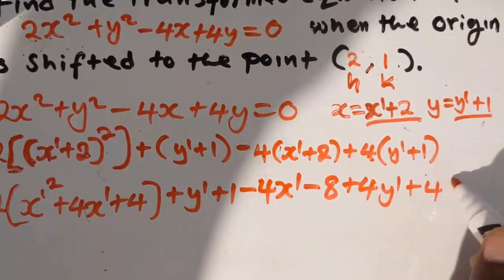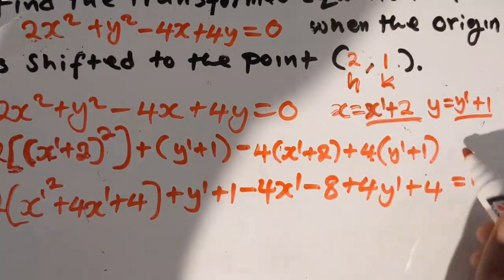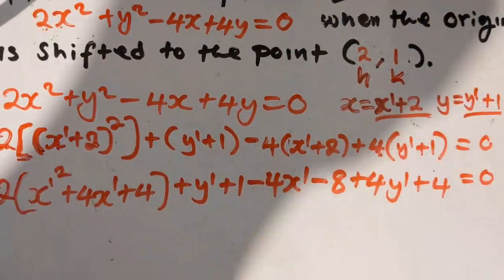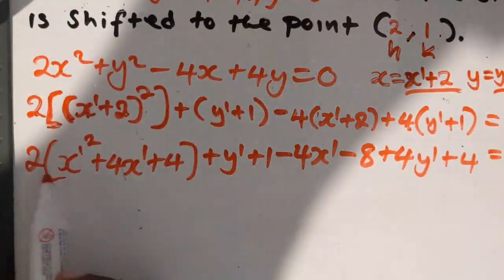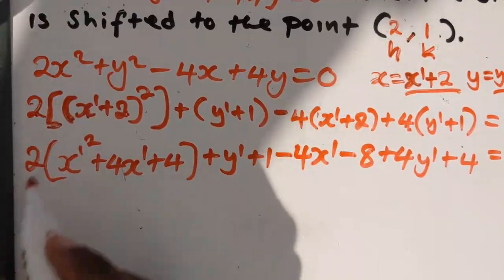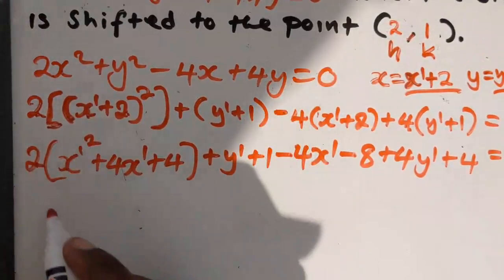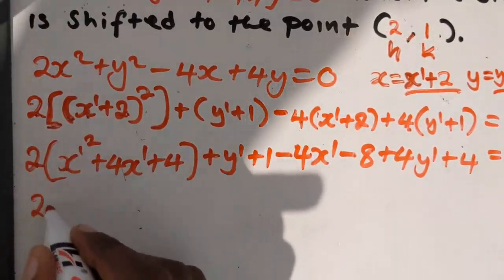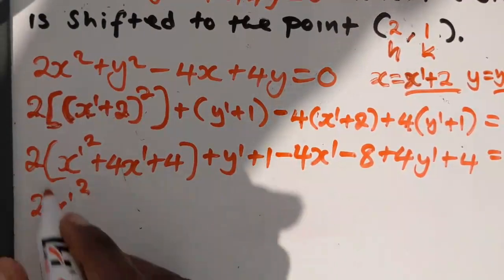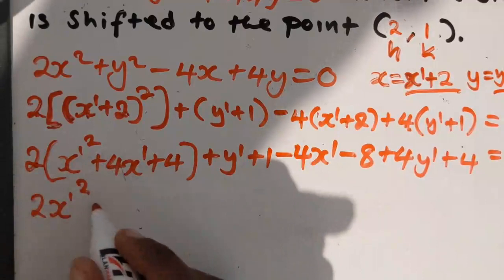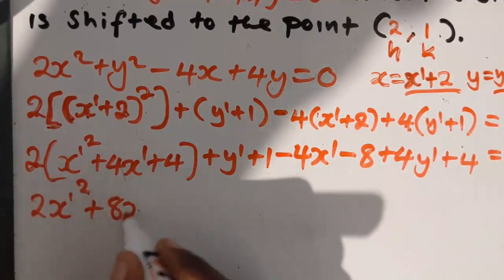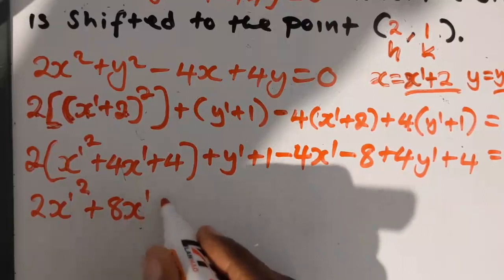Then it is going to be equated to what? To 0. That is what it is equated to here. Okay, so from here now, that is where you multiply the 2 times everything. So 2 times x prime squared, you're going to have 2x prime to the power 2. Okay, then 2 times 4, it is 8, so it is 8x prime.